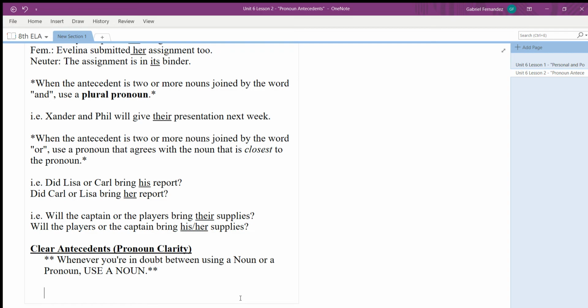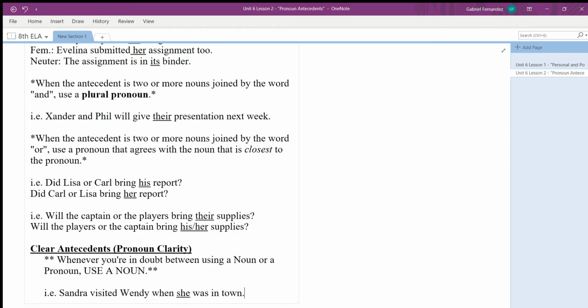Let me give you an example of where lack of pronoun clarity becomes an issue in writing. So let's go ahead and say, Sandra visited, I can't think of any names today. Sandra visited Wendy when she was in town.